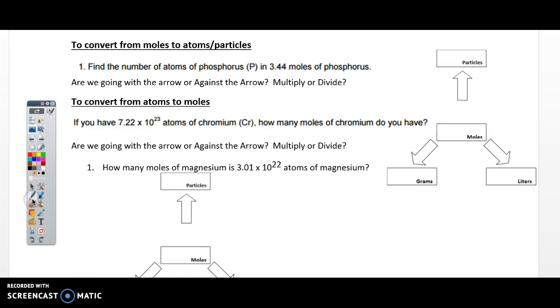So we're only going to have 3 pieces of information. For number 1, it says find the number of atoms of phosphorus in 3.44 moles.